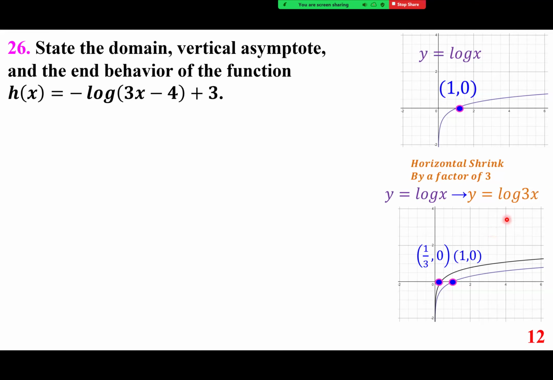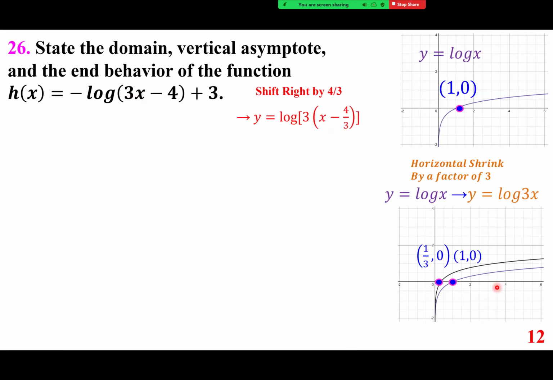And here's the simple reason. If you plug in 1/3 here, the product becomes 1, and log of 1 is 0. We're going to go back to see what's the next step. 3x minus 4, we're going to factor the 3 out. So we notice that it shifts right by 4/3.